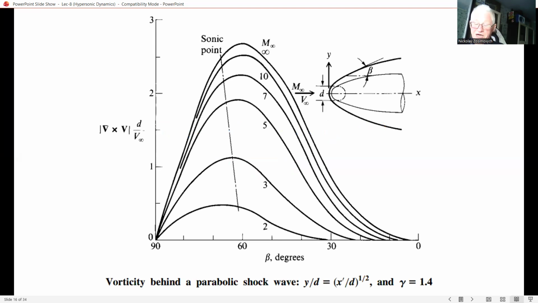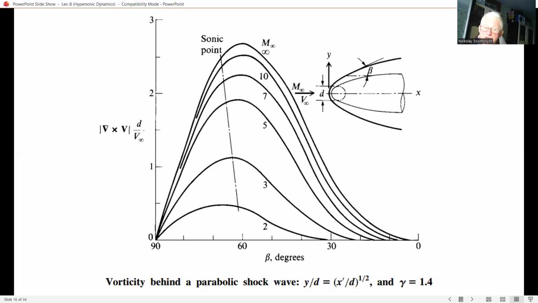This is illustrated in this slide, which gives the variation of vorticity behind a parabolic bow shock wave as a function of the local wave angle beta. The different curves correspond to different values of M infinity.